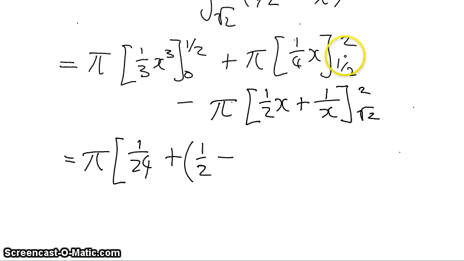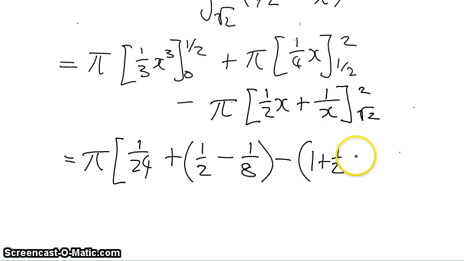Then I have to take away what happens if I substitute in a half. I get a quarter times a half, which is 1 over 8. Minus, this one, I substitute in 2. What do I get? 2 times a half gives me 1 plus 1 divided by 2 is a half. Minus, substitute in root 2. What do I get? I get root 2 over 2 plus 1 over root 2.